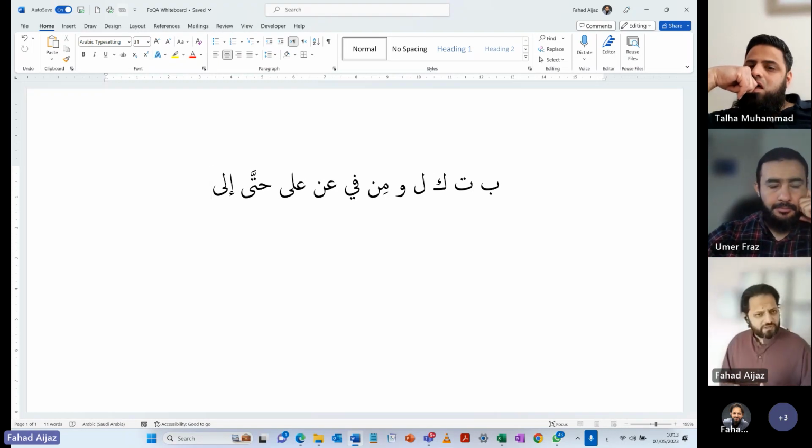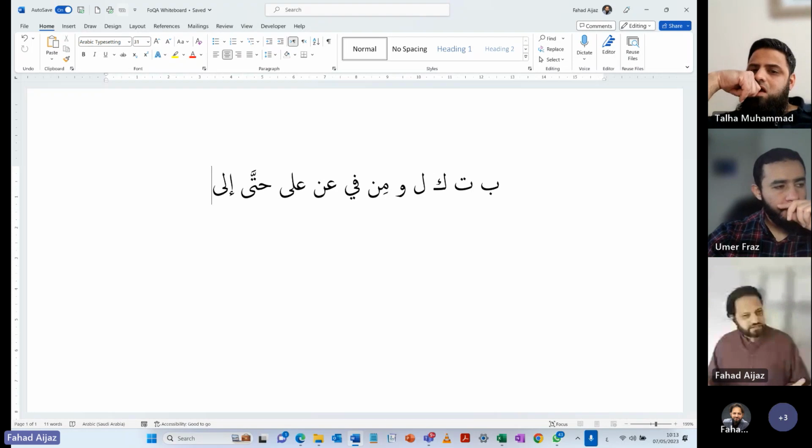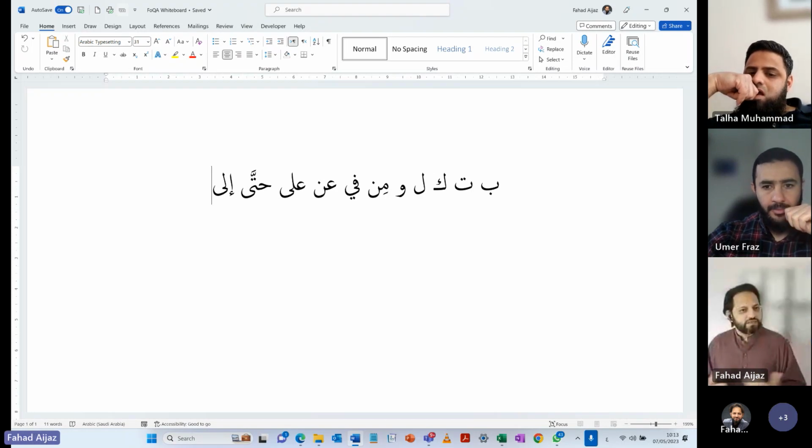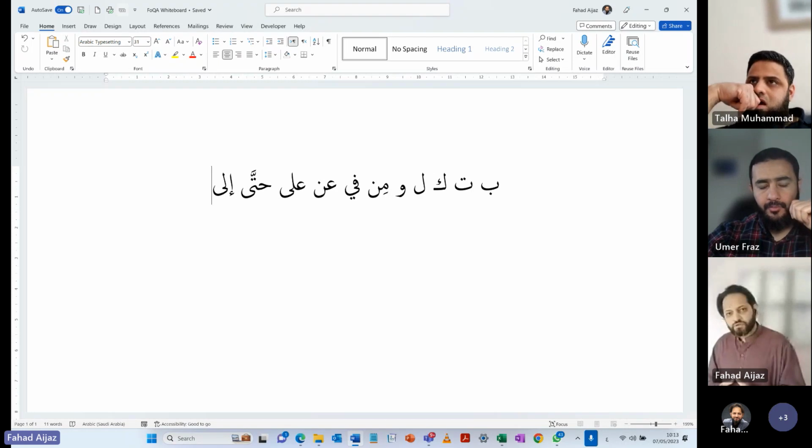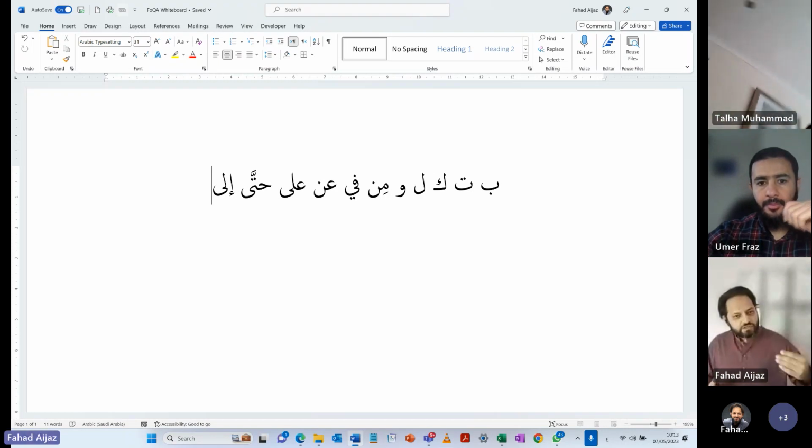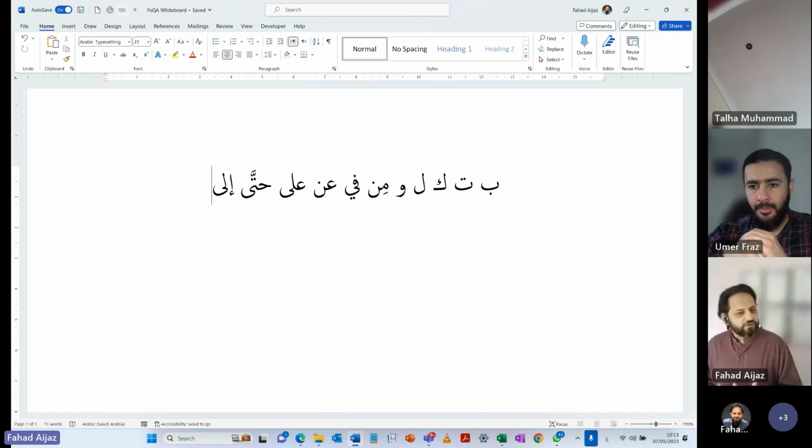And that ism could be partially flexible, non-flexible, or fully flexible, depending upon what the nature is, it will act like that. If it is a partially flexible ism, you will still see the kasra in the end, like bi Ibrahima, for example, with Ibrahim, because it is not going to take the kasra and it will always be light.